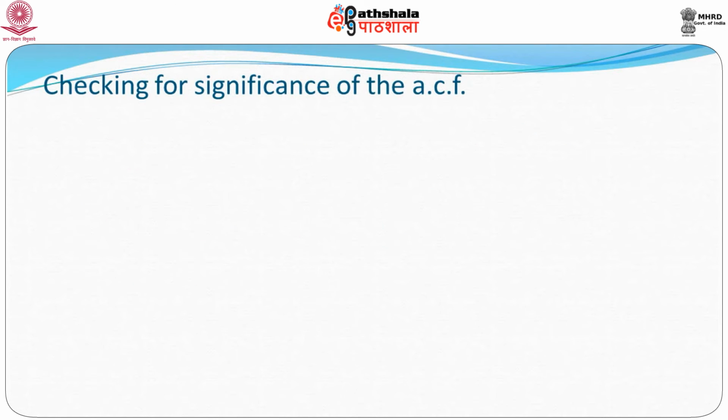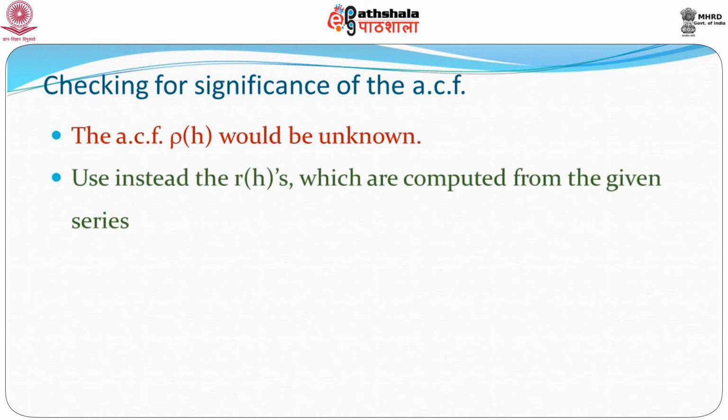Now, there is one problem that we have not addressed here, and that is the problem of the a.c.f. We have assumed that rho h goes to 0 or becomes 0, but rho h is something that is unknown. Instead, what we look at is the r_h, which we calculate from the samples.